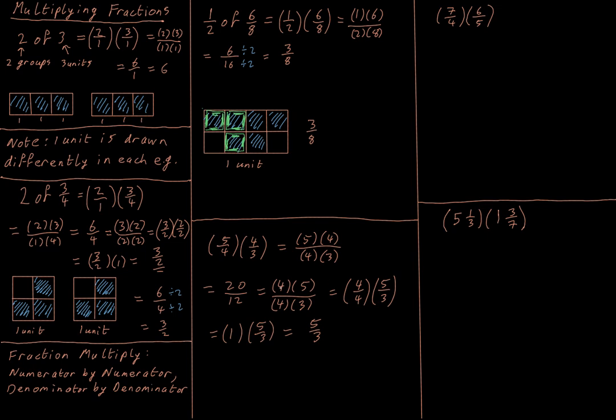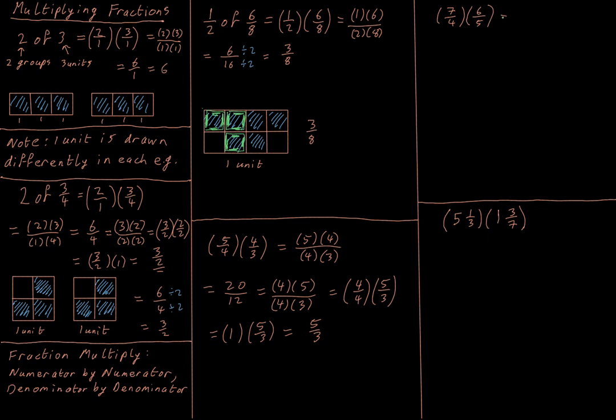So we can see that we can write our numbers as factor pairs in terms of their highest common factor, and that allows us to have 4 divided by 4 is 1 and give us a simplified fraction. And 1 times any number is just the number itself, as we know.